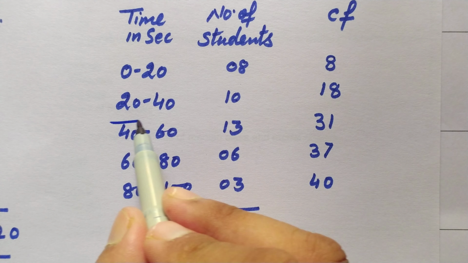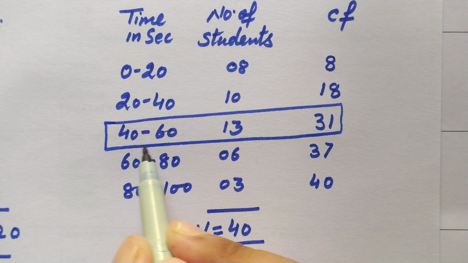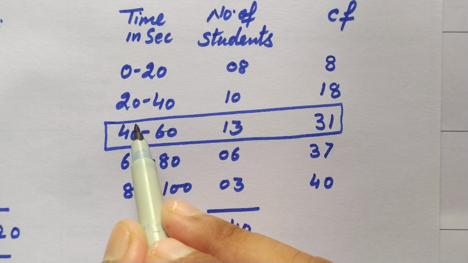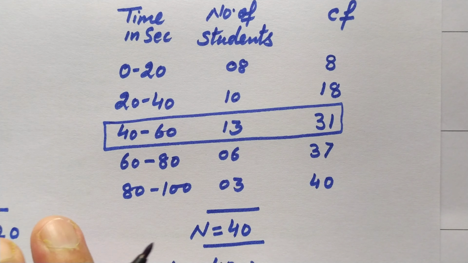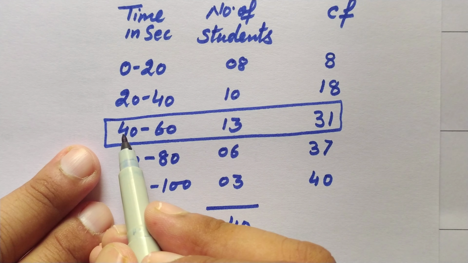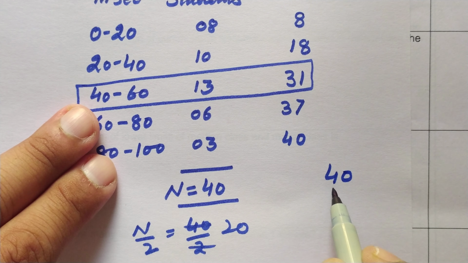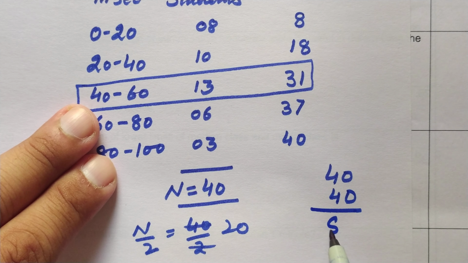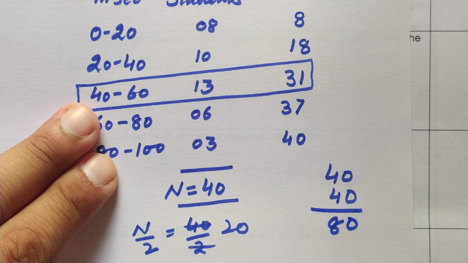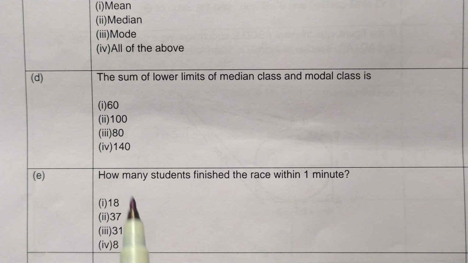So this is the median class. 40 to 60 is the median class. And the modal class is also 40 to 60. So what are their lower limits? Here the lower limit is 40, and the modal class lower limit is also 40. So 40 plus 40, 80. So the answer to this question is 80.